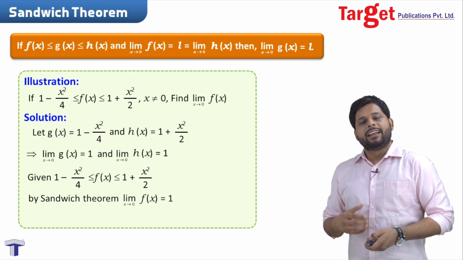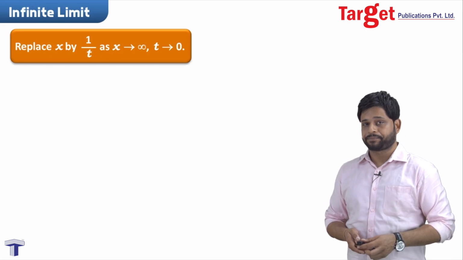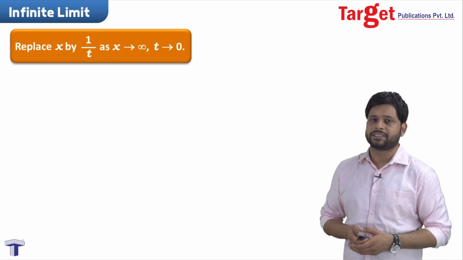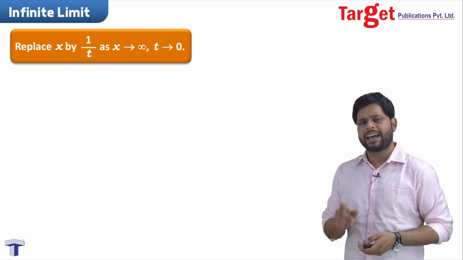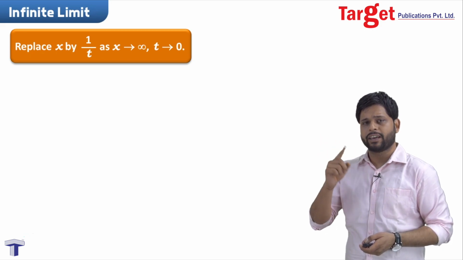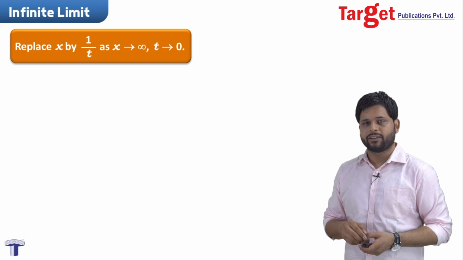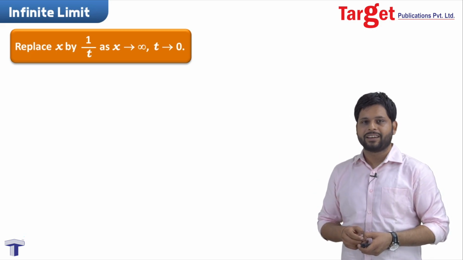Okay. The last thing that we are going to discuss is the infinite limit. If I ask you what is 1 by 0, you always say infinity. Which means if I interchange my infinity with 0, that is cross multiplying, 1 by infinity will be equivalent to 0, right?